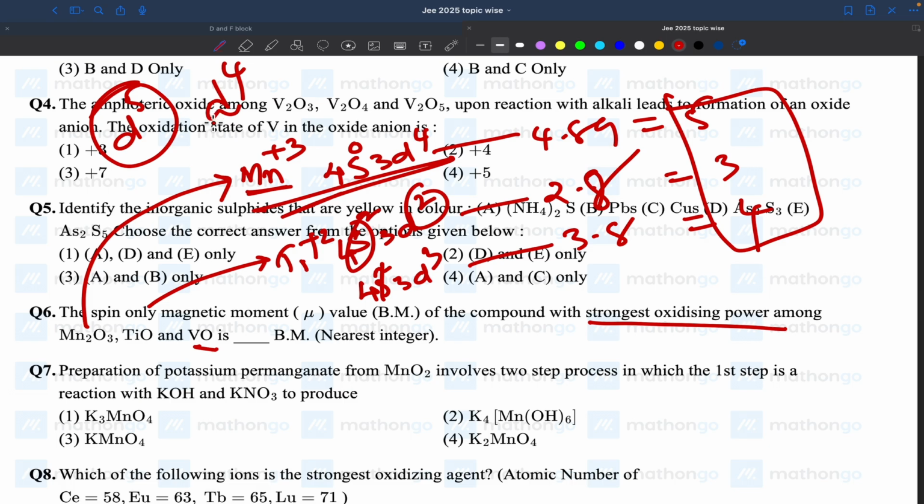The d4 configuration is nearly approaching d5, only one electron short of it. So manganese +3 is a strong oxidizing agent. So the answer would be 5.